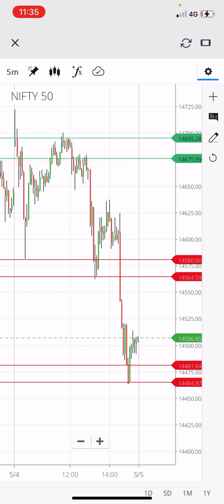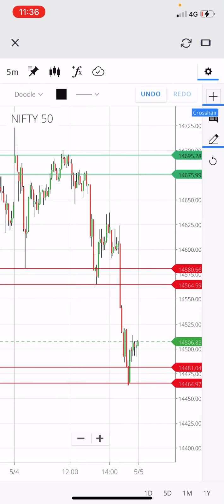This is my support line for today, 14,582 and 14,564. You see, the market falls, touches my support line and goes up. Once again the market falls, touches my support lines and goes up. So that is how my setup works.